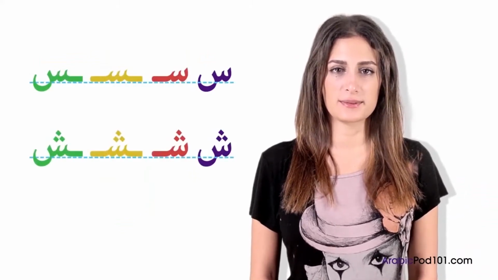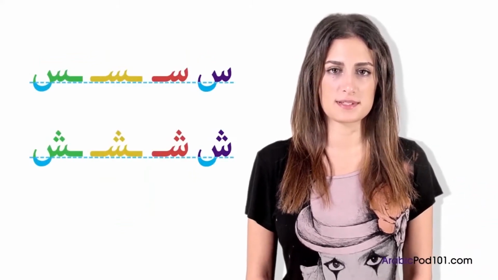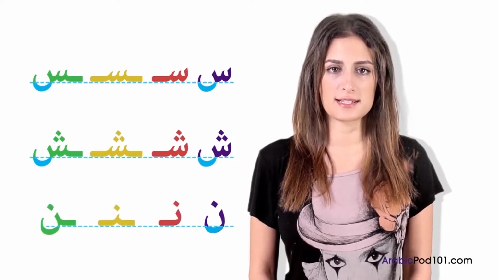Note how Sin and Shin dip underneath the line when they are in the isolated and final forms, just like the Noon we learned in the first lesson of this series.